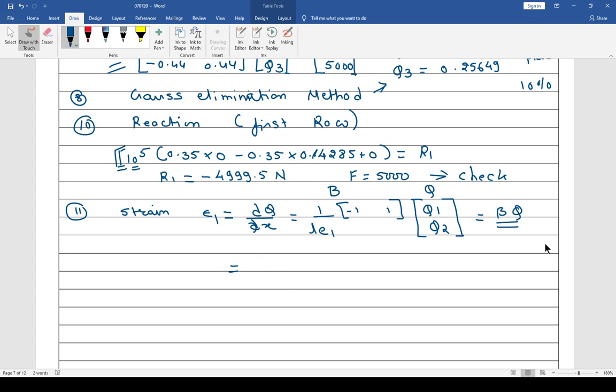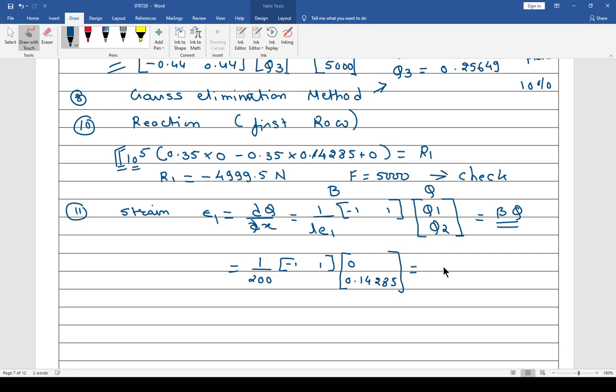So B into q. My length is 200, and of course this is minus 1, 1, and my q1 is 0 and q2 is 0.14285.